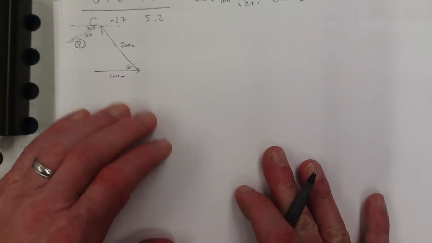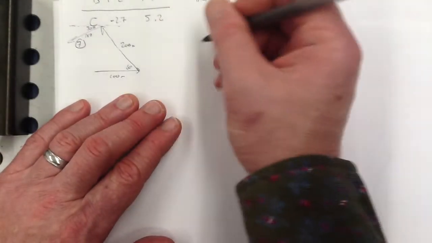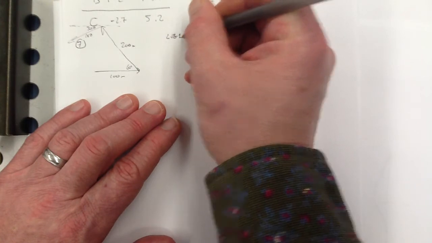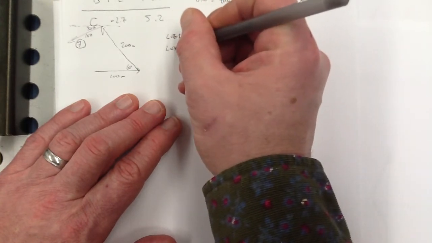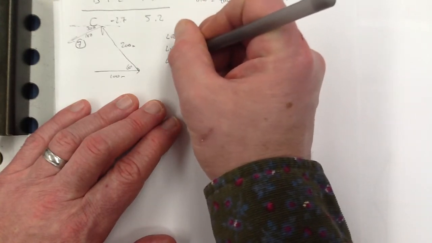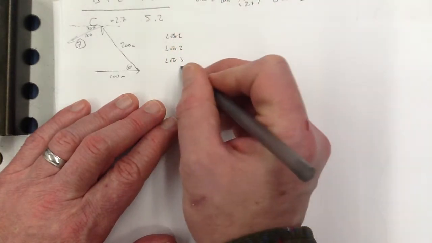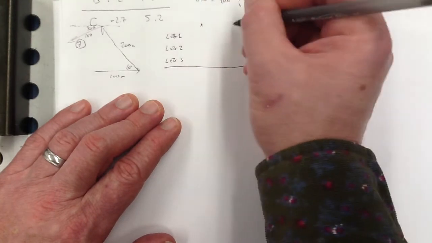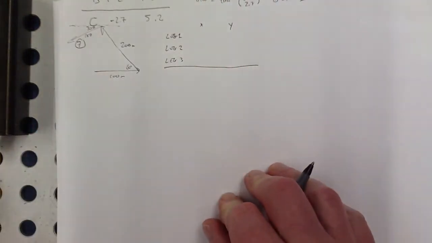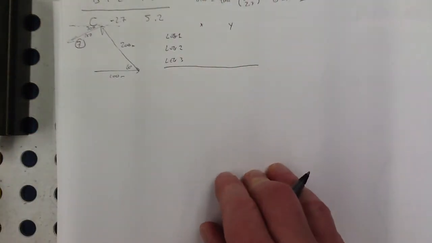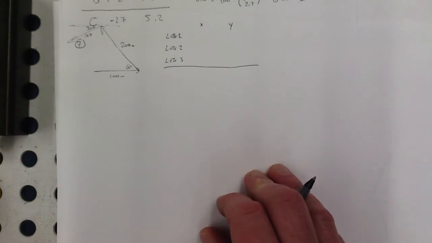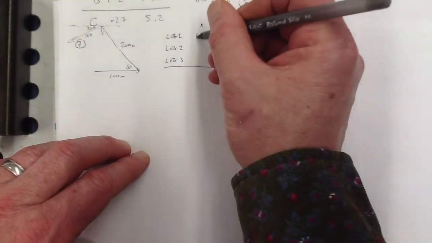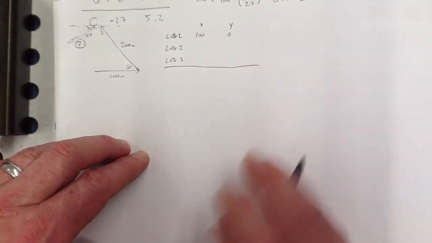All right, so let's call the different parts of this dog's epic journey leg 1, leg 2, and leg 3. It's a 3-legged dog. So what are the x and y of each one of those? The first one is 100 meters due east. Due east is all x, so 100 meters due east is just all x and no y.